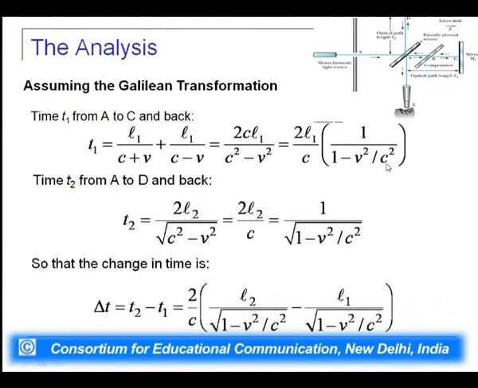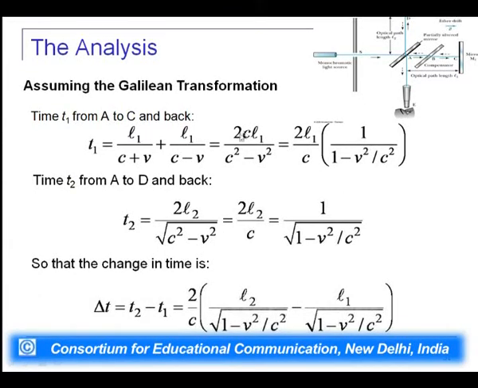square by c square. The time 2t from A to D and back: one ray is going towards this, and the second ray is reflected, going towards D, which is the mirror M2, and it is coming back from here to the glass plate, which is A. Then the time period we define as T2 is equal to 2L2 divided by root of c square minus v square.